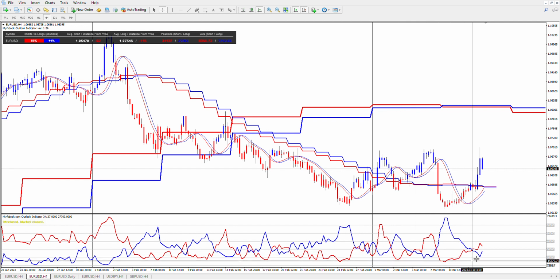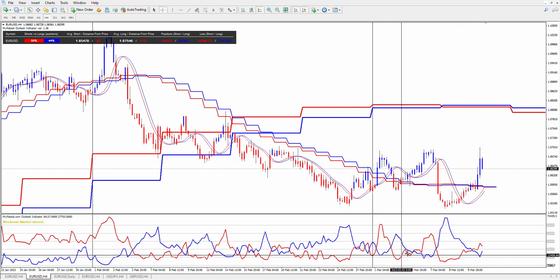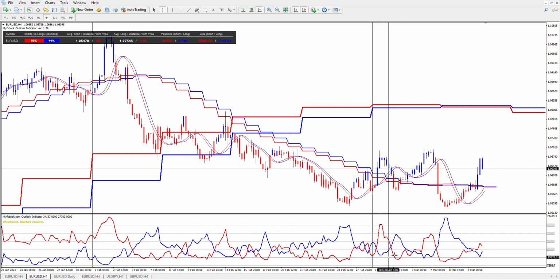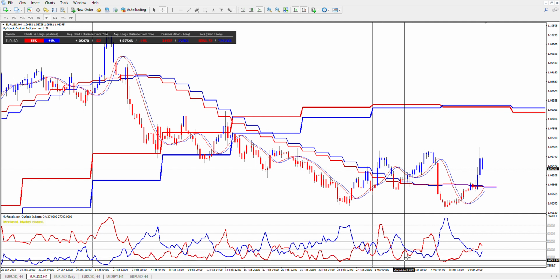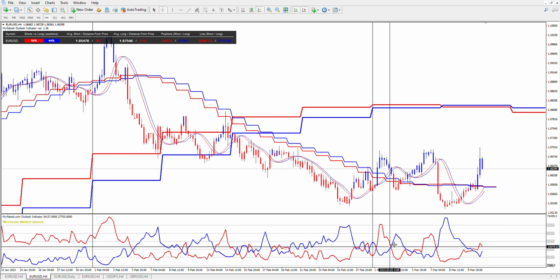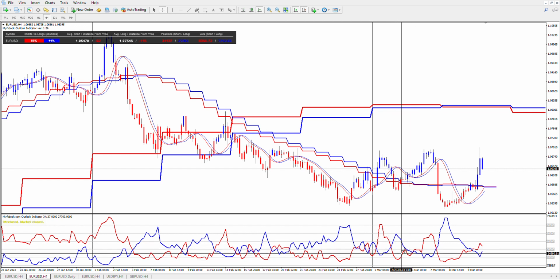And if we look at the 10th of March, we see that the predominant color was blue. Even by the 6th of the month, you could see that the blue color was dominating over the red. So they had more area, so to say. The area the bears controlled was bigger than that of the bulls during the month.